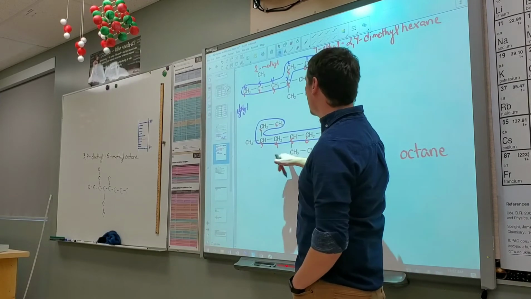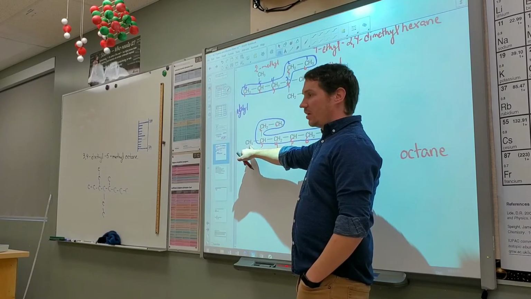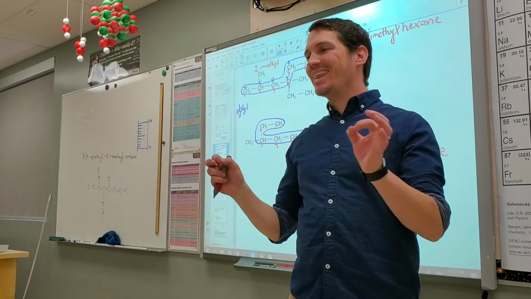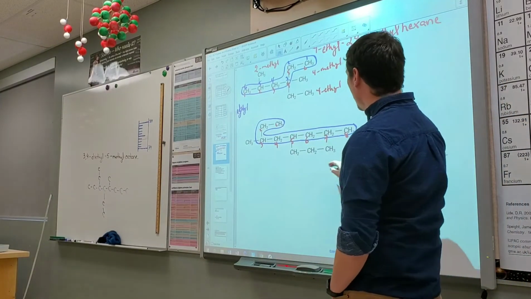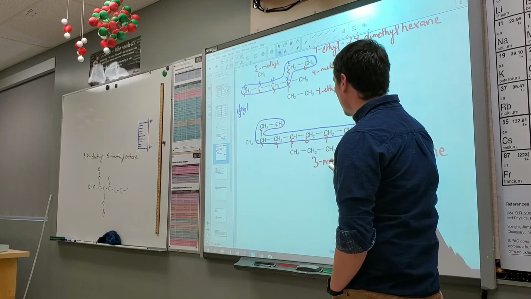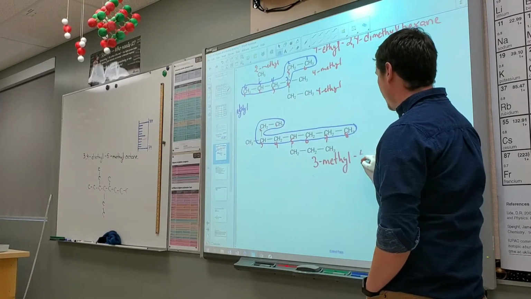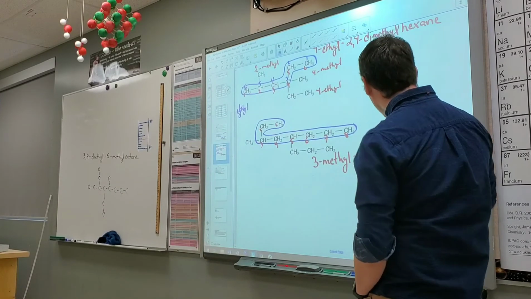So this is going to be a propyl group, and what's this going to be? Methyl. So what comes first in the alphabet? Methyl or propyl? Methyl. So we'll go 3-methyl-5-propyloctane.